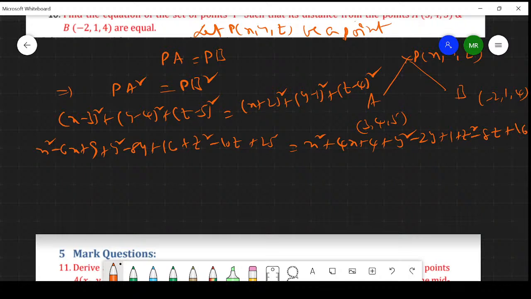Now I can eliminate x square, y square and z square on both sides.